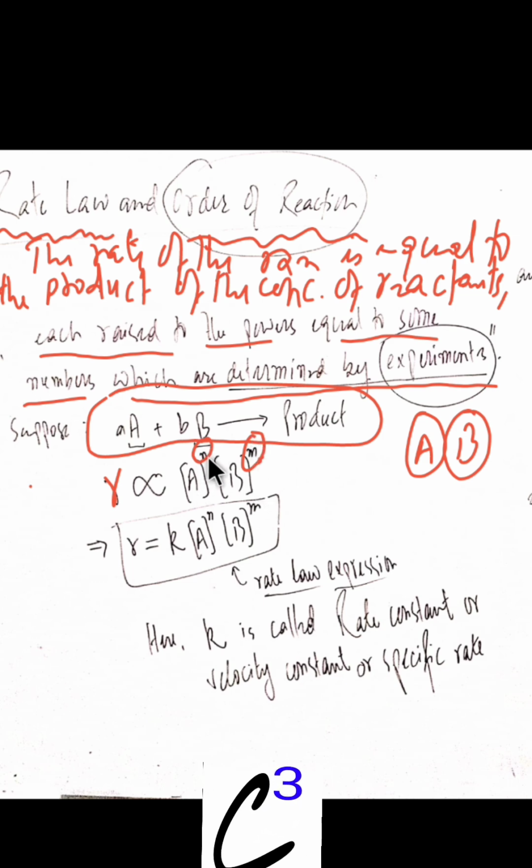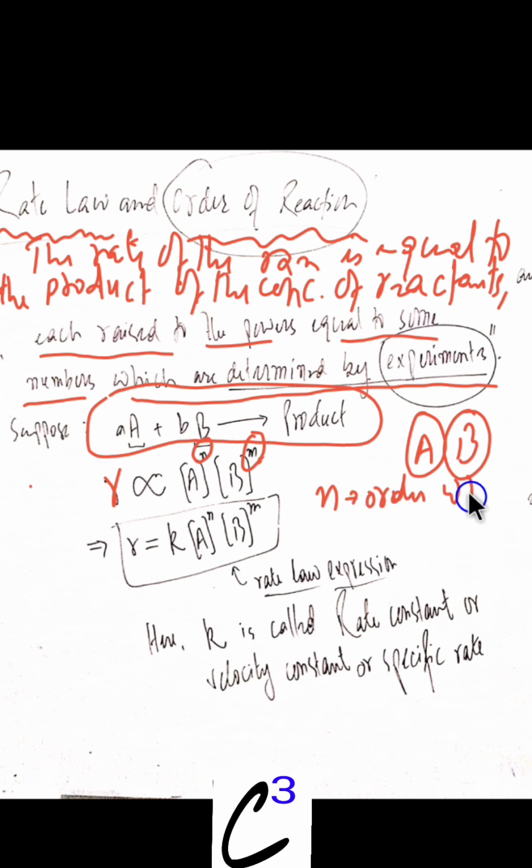This small n is called the order with respect to the reactant A, and the small m is the order with respect to the reactant B. Okay, and the order of this particular reaction will be equal to n plus m, the sum of the powers of the concentrations of the reactants in the rate law.